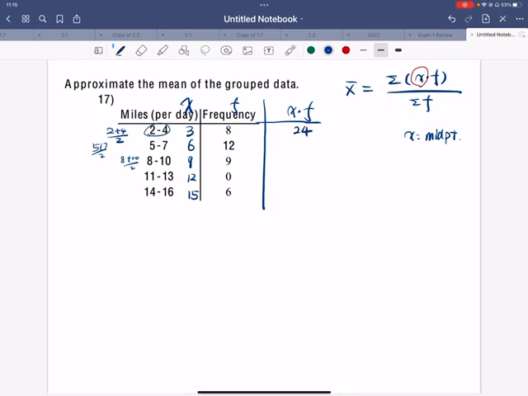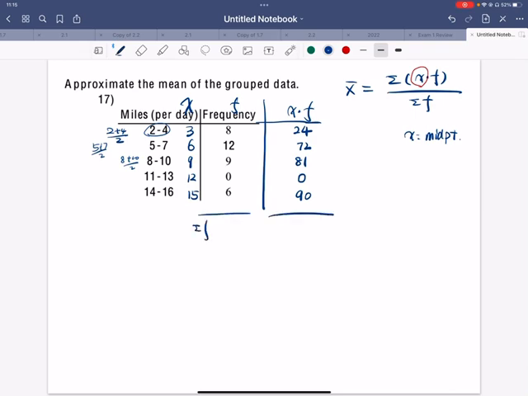What's 6 times 12? We have the frequency multiplied by every data value. Now let's take the sums.